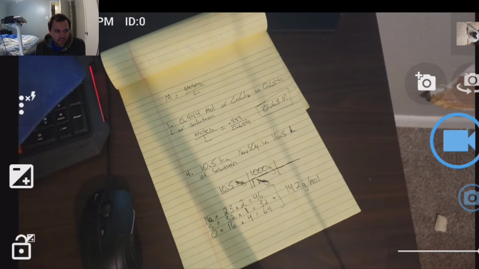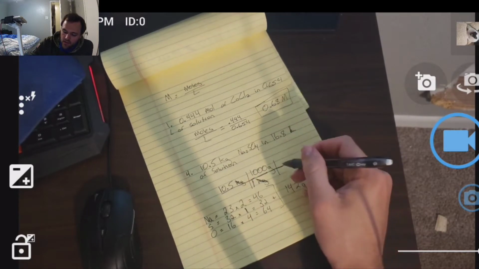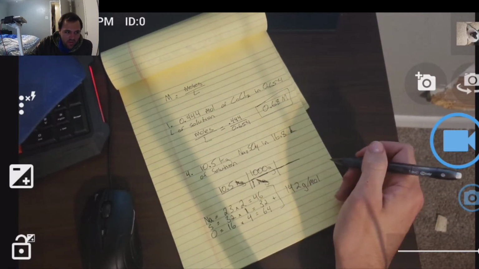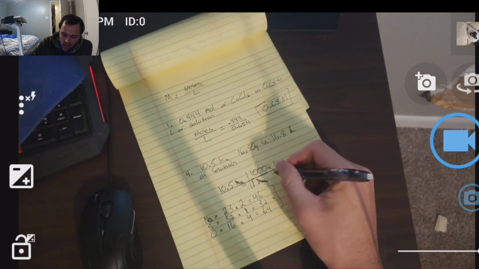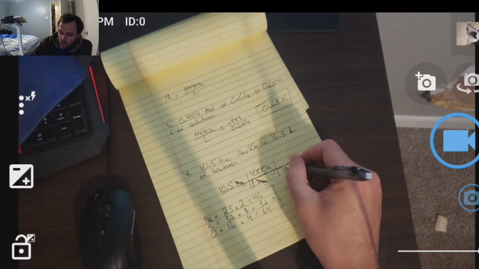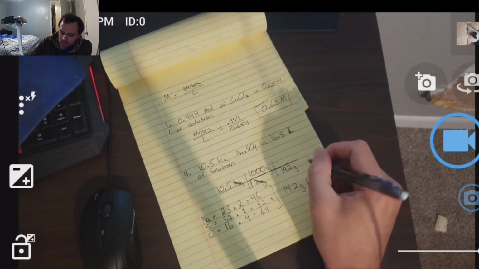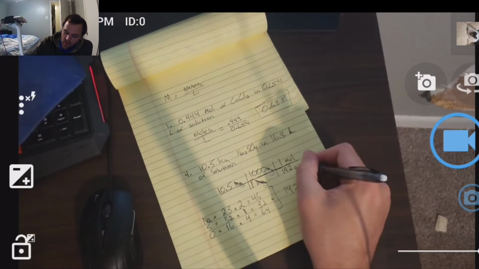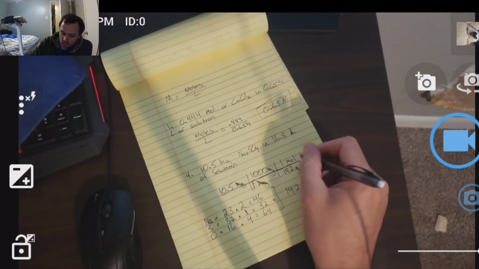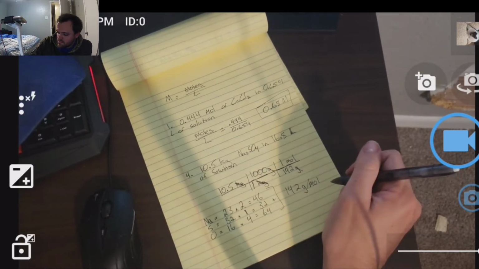Okay, so now that we know a conversion between grams and moles, we can use that here to figure out how many moles of this substance we would have. So if we've got grams on top here, they've got to go on the bottom over here. So say 142 grams in 1 mole. Grams cancel each other out. We're left with just moles.